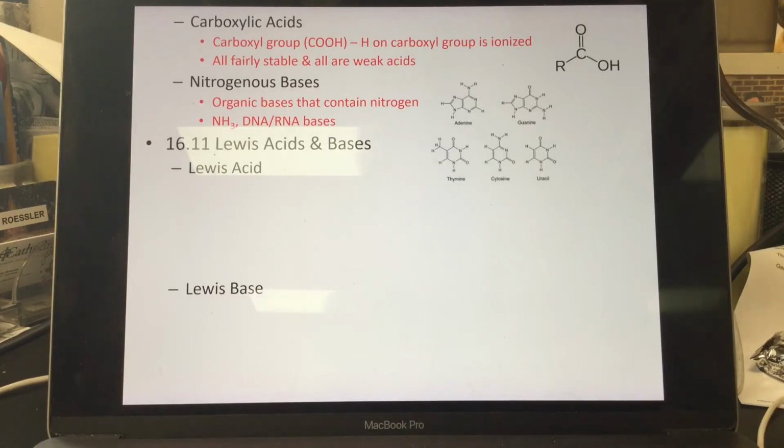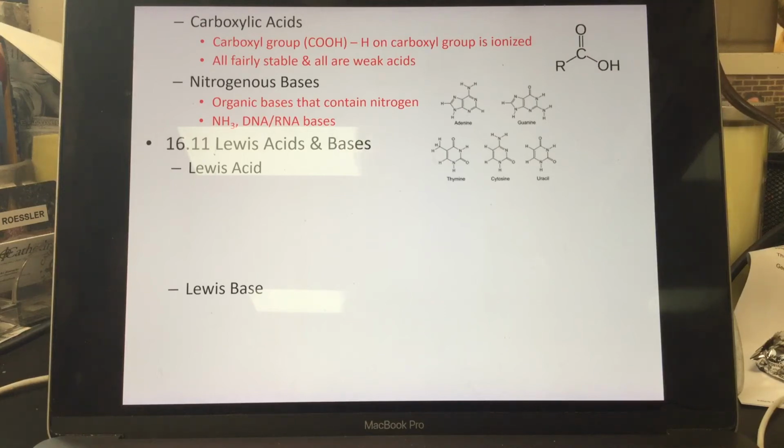So those are different types of organic bases. And I really don't think you need to worry about those too much. Usually when they have a question using these bases on the AP exam, it's more about hydrogen bonding than about acid-base type stuff. But those are all weak. Again, the only strong bases are the hydroxides from column 1 and then the heavier column 2 hydroxides. So everything else is considered weak.